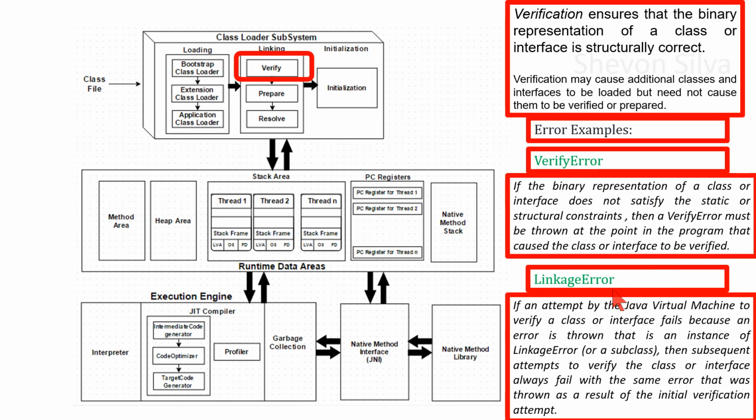If an attempt by the Java virtual machine to verify a class or interface fails because an error is thrown that is an instance of linkage error or a subclass, then subsequent attempts to verify the class or interface always fail with the same error that was thrown as a result of the initial verification attempt.